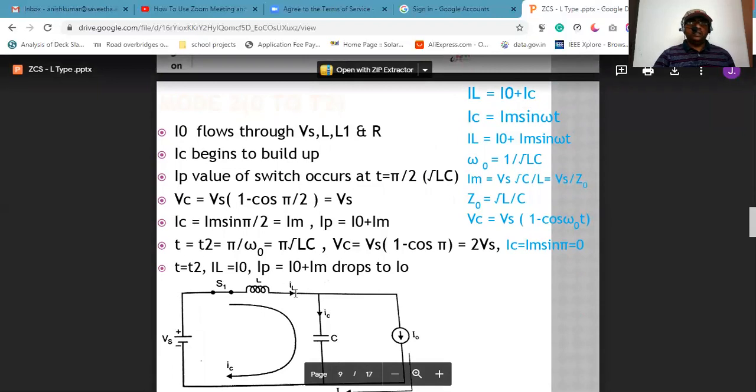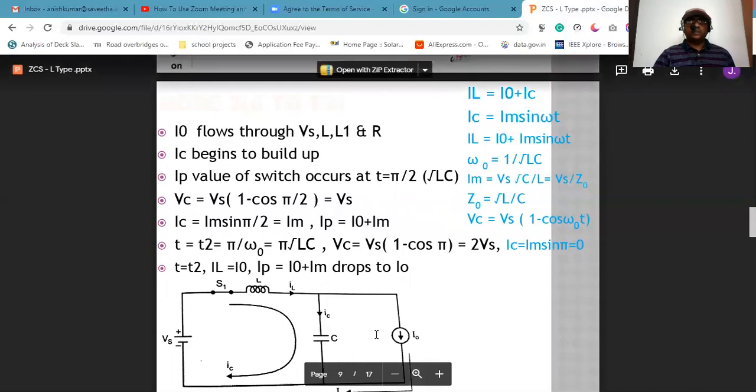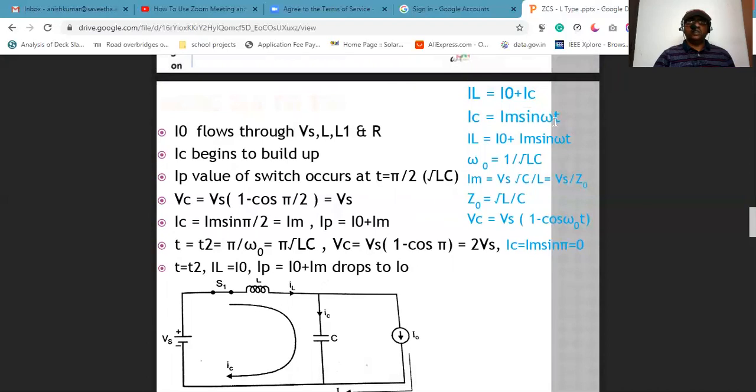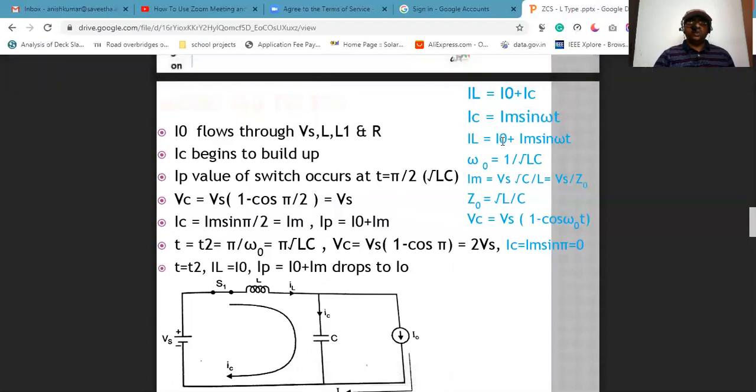Here the IL current is divided into two. One is called IC, another one is called I0. So IL is equal to I0 plus IC. IC is called the capacitor current, with IM as the maximum current, IM sin omega t. Substitute here, you will get IL is equal to I0 plus IM sin omega t.